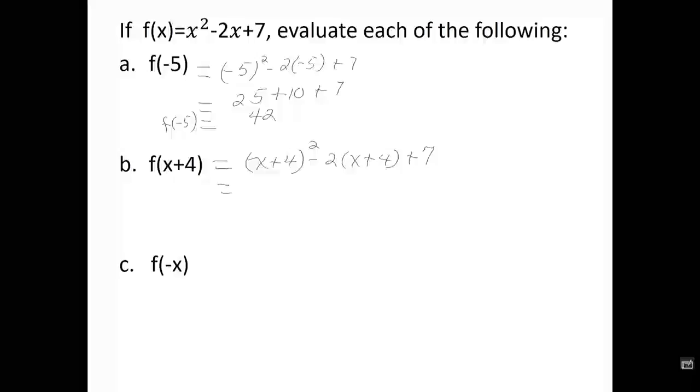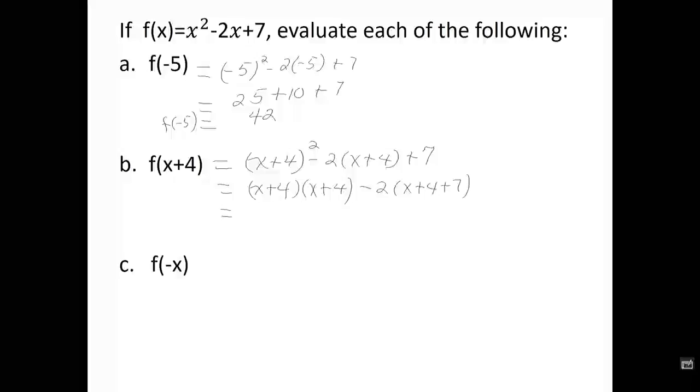You can use the FOIL method and write x plus 4 squared as x plus 4 times x plus 4, minus 2 times x plus 4, plus 7.